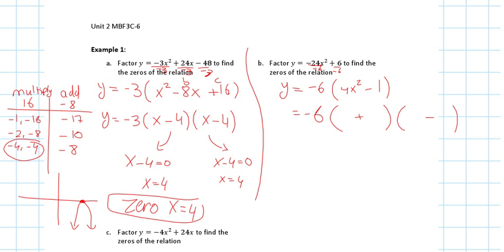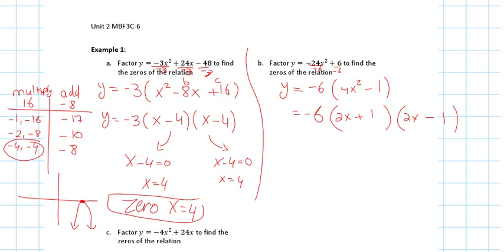So let's do that. Let's set this one equal to 0. And let's set this one equal to 0. How would you isolate for the x? What do you do? Bring the 1 over first.